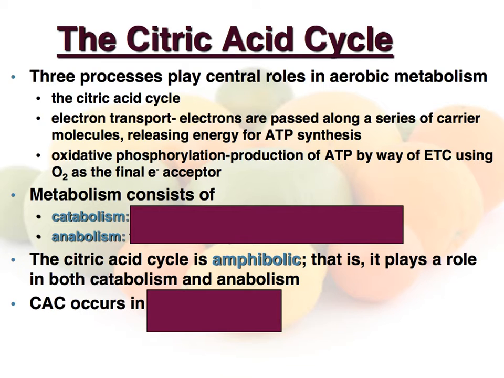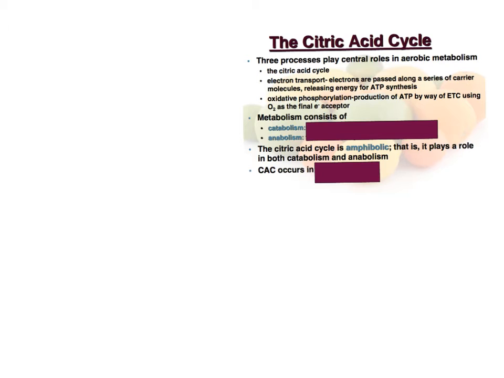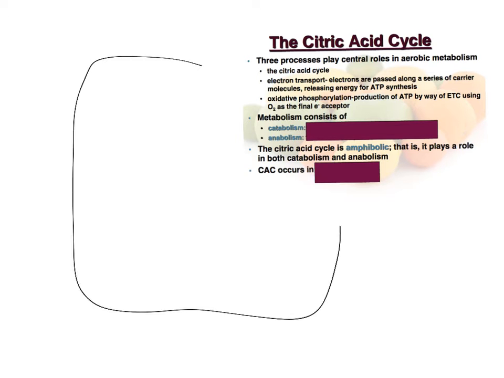And then, if we go, and you're going to see this a lot from here on out. Oh, that's good. We have our cell. And I'm just putting the cell behind the citric acid cycle thing.